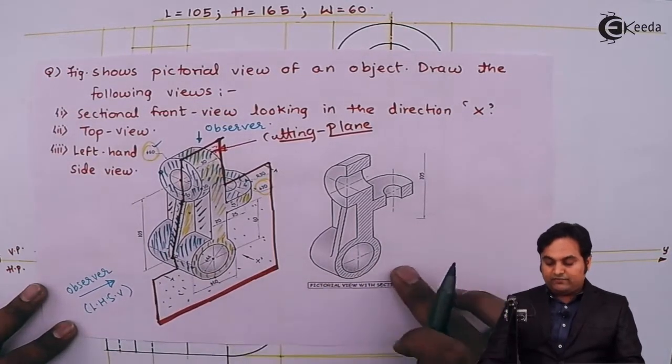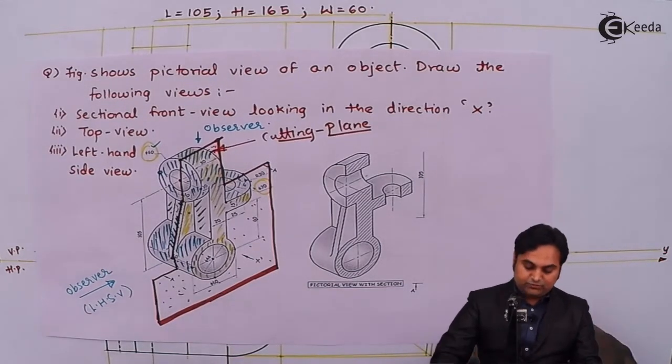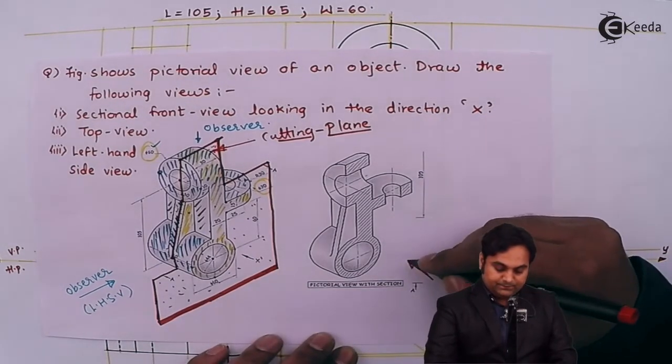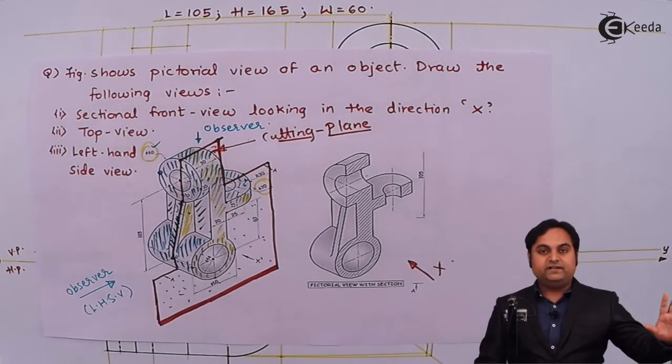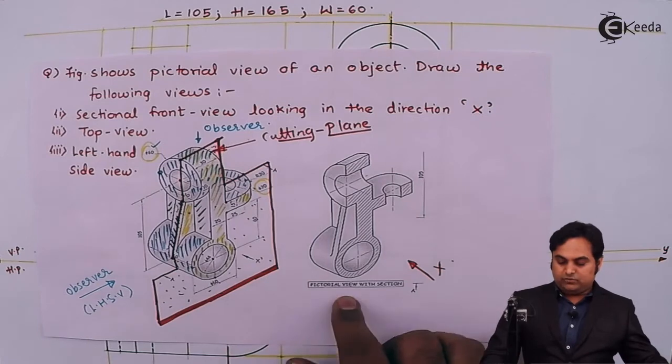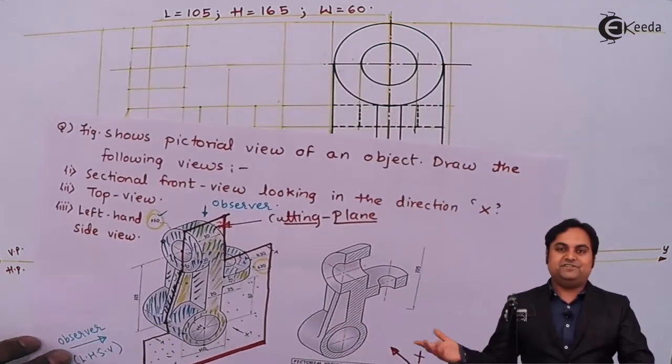So it means now I have to draw this as the sectional front view, and for that my direction as an observer will be along X. So first, as explained, I'll make the outlines dark, outlines based on this drawing, and then I'll go for these inner details. Let us get started here.